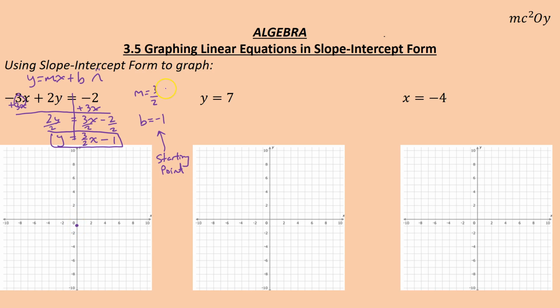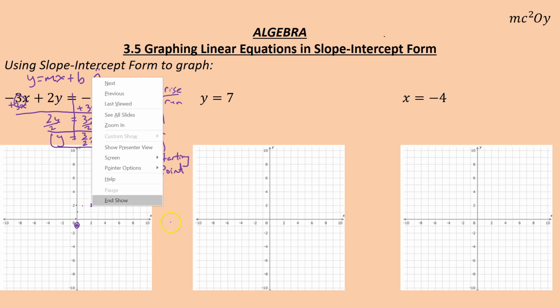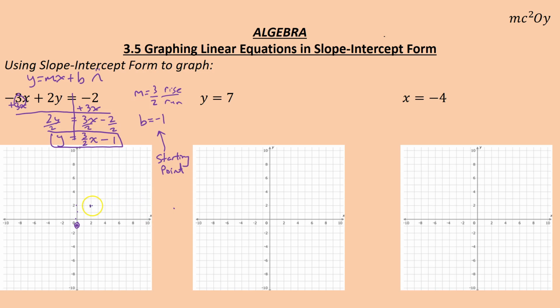And from there, I'm going to rise 3 and run 2. So from my starting point, in fact, I'll circle it. I'm going to rise 3, 1, 2, 3, and run 2. Rise 3 and run 2. Rise 3, run 2, and rise 3, bit off the graph, run 2.